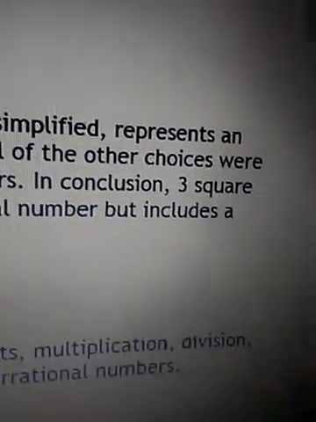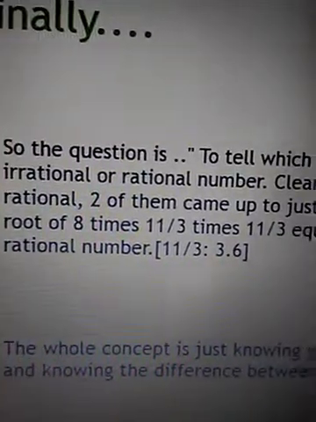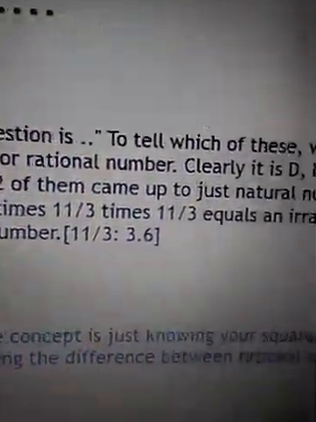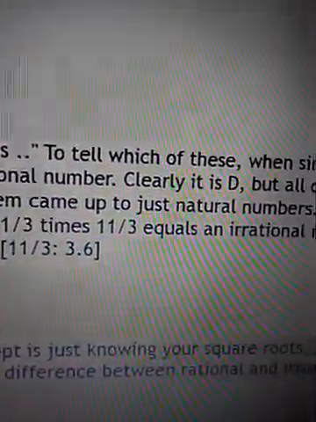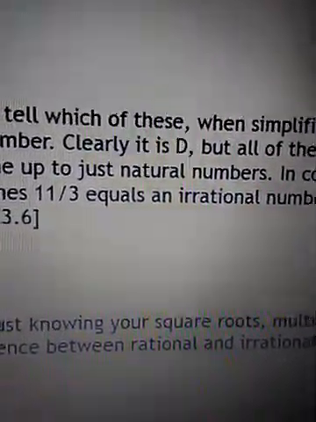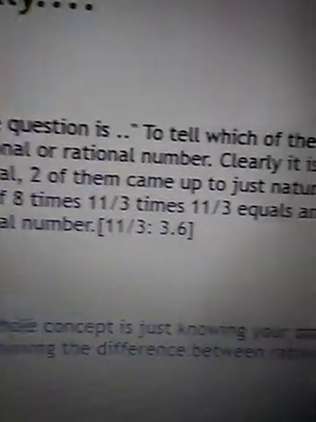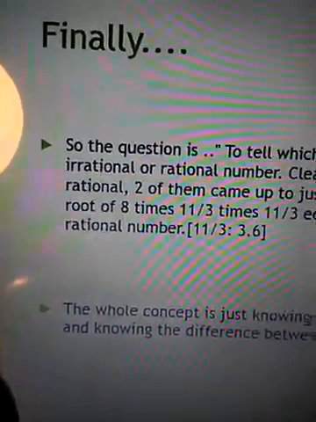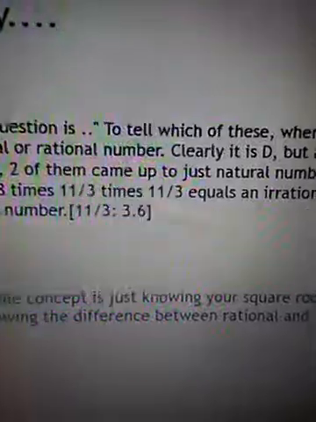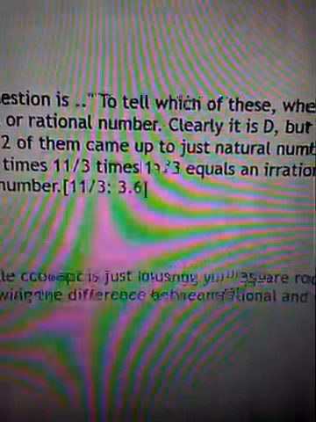In conclusion, 3 square root of 8 times 11 over 3 equals an irrational number. 11 over 3 is equal to 3.6 repeating.